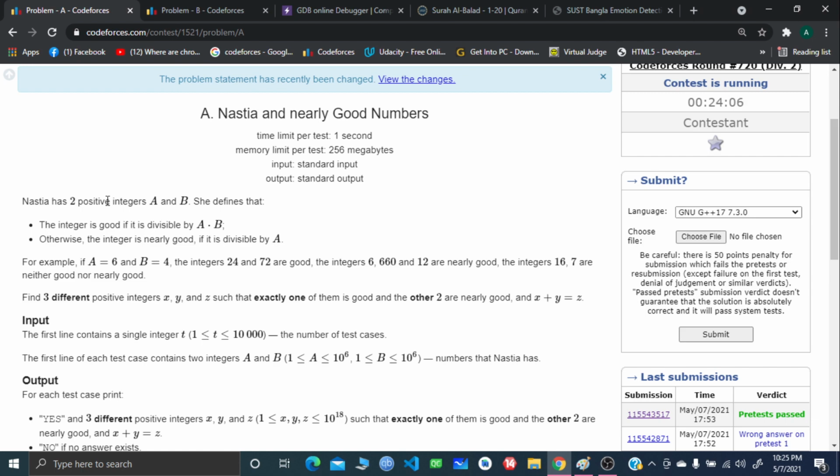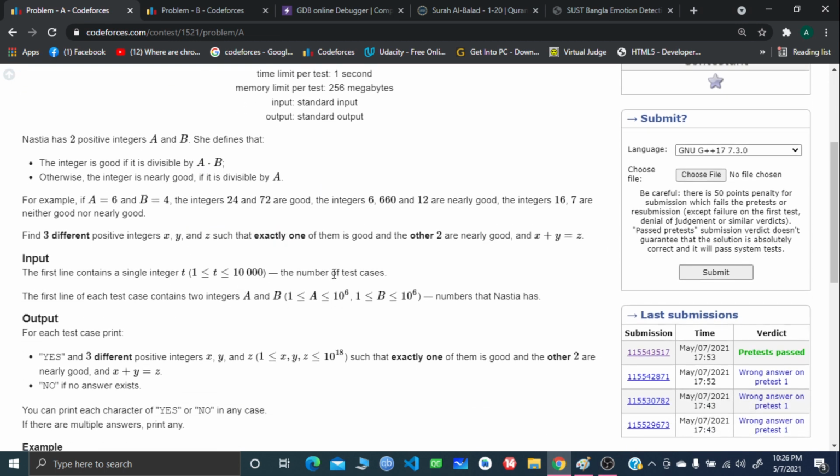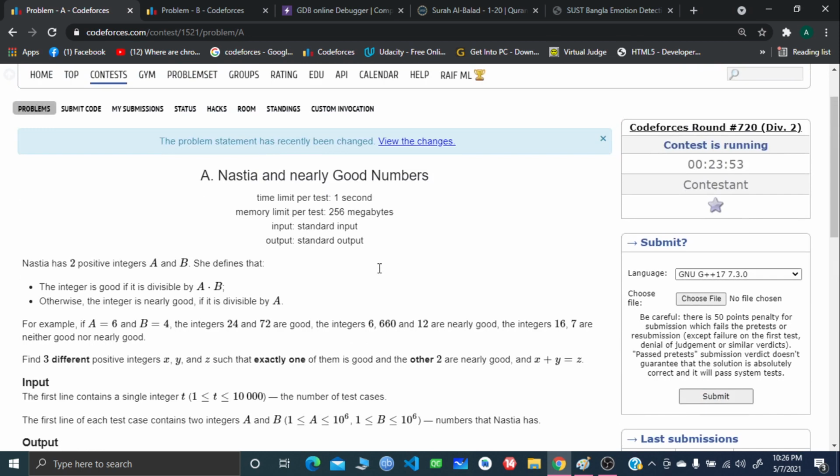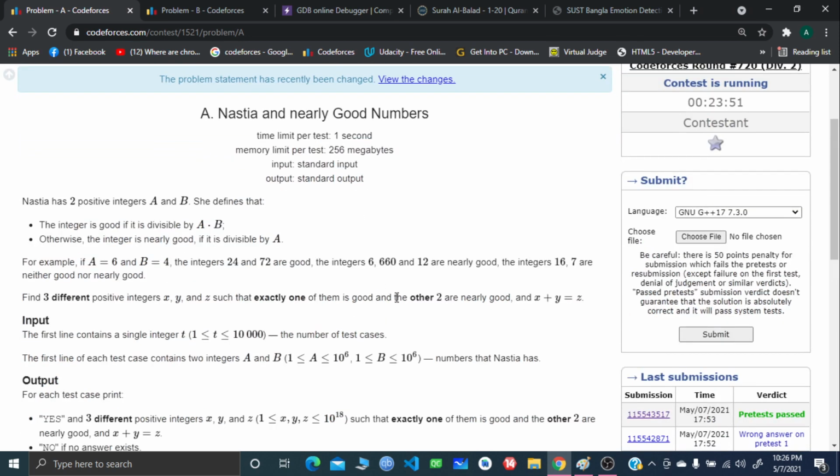So we have to build exactly one integer divisible by a times b, and the other two should be divisible by a only.